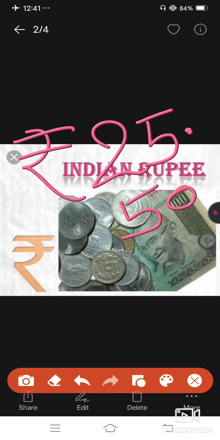Okay, this is the way to separate rupees and paise. So there is no need to write p here. This dot separates the rupees and paise.